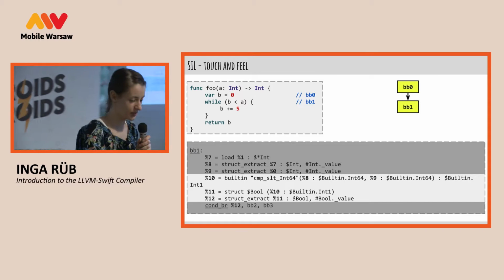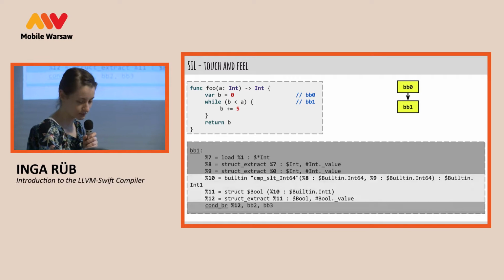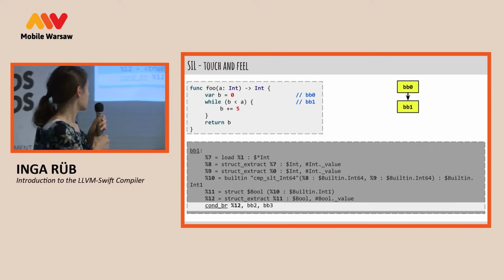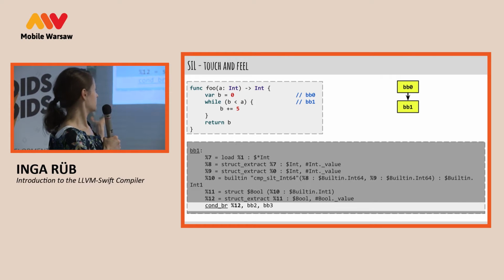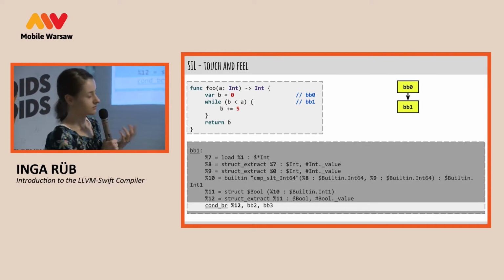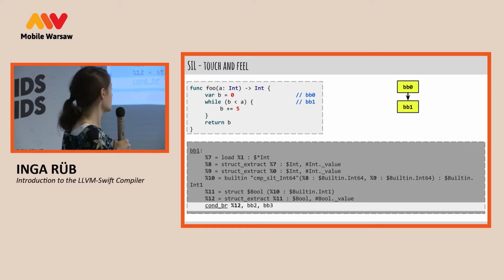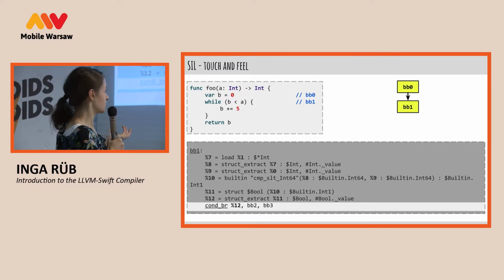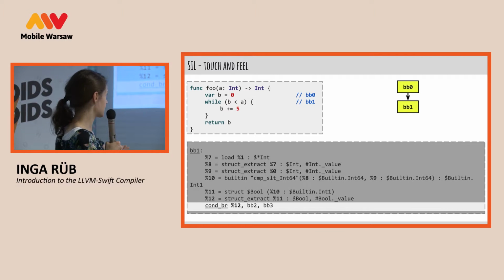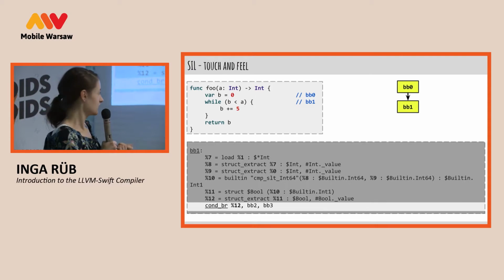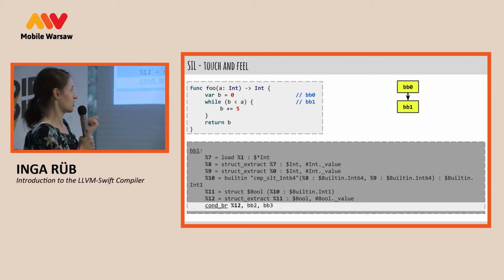So it's just a single bit. It can be set to 0 or 1. Then we check the condition. After we created a Boolean value, we simply check if these two numbers were in this relation, so b was less than a. And if so, we go to the block bb2. If not, then we should go to the block bb3.